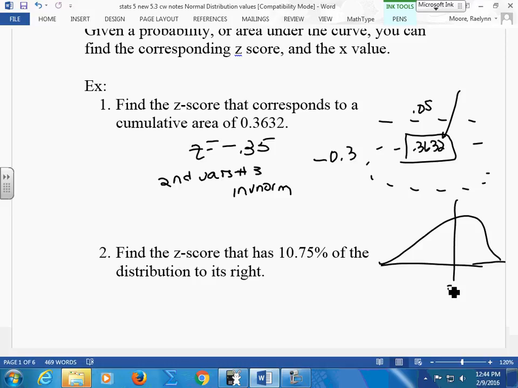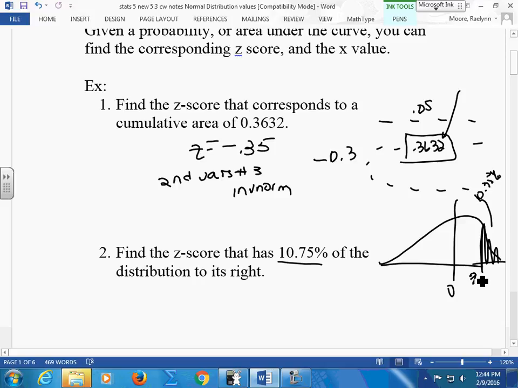On the right side. I want 10.75. I know this is 50%. So maybe somewhere over here to the right is 10.75% of my distribution. My area under the curve is 1 or 100%, right? This time it said this is the area to the right of this. I need to find my z-score that goes with this.